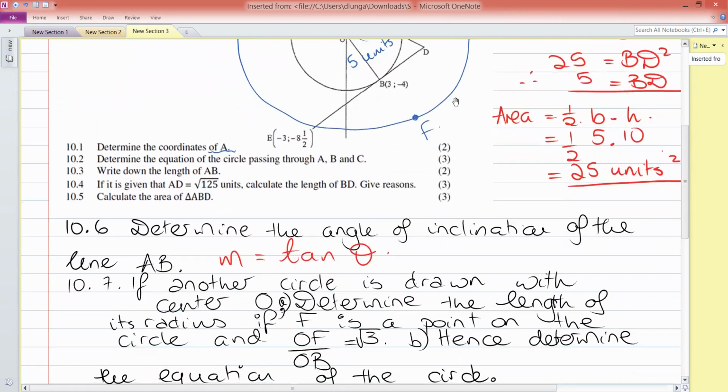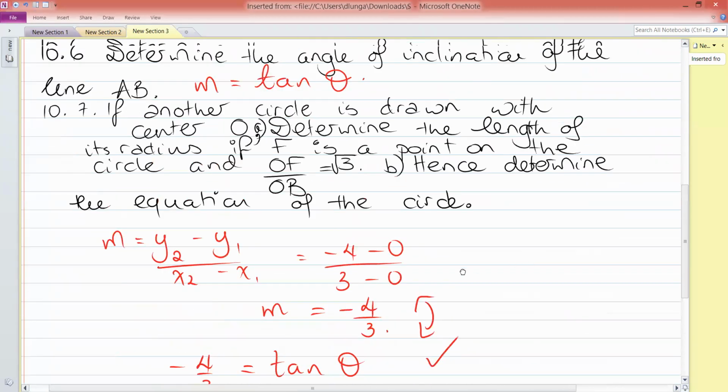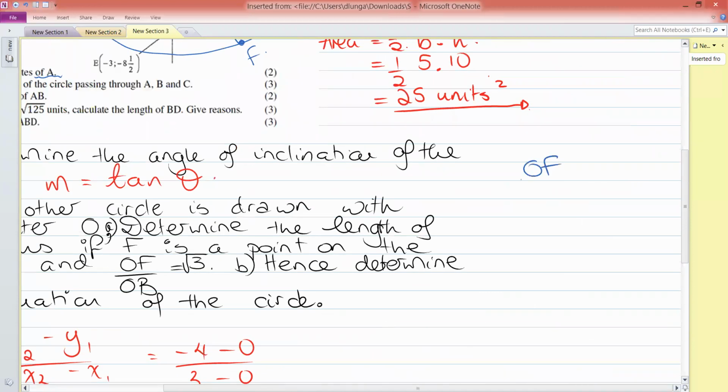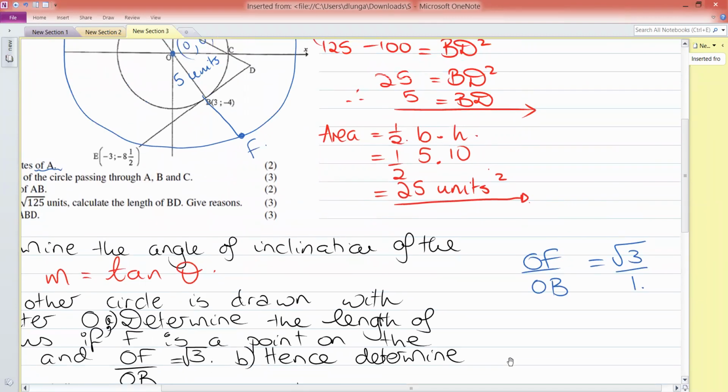Now, they say if OF divided by OB is equal to √3, what would the radius of this biggest circle be? Let's say O to F. What would the radius be? What should I do? Let me write it here. OF divided by OB is equal to √3. √3 can be written as a fraction by writing it as √3 over 1. So this is a proportion. We know what OB is, but we don't know what OF is.